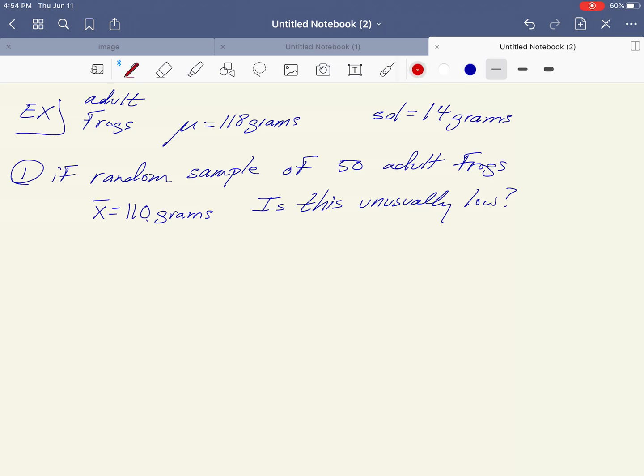The easiest way for us to see this is actually to take a z-score, so let's do that. Remember from the last screen we said that z is equal to x bar, subtract mu, divided by the original standard deviation over the square root of n. In other words, we found a 110, we are subtracting a 118, and we are dividing by that standard deviation over the square root of n, which is 50.